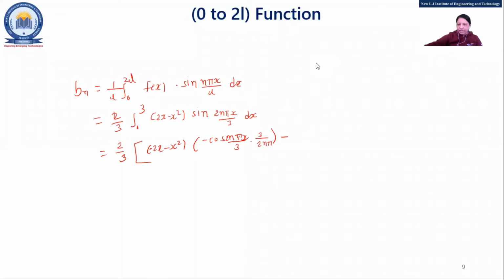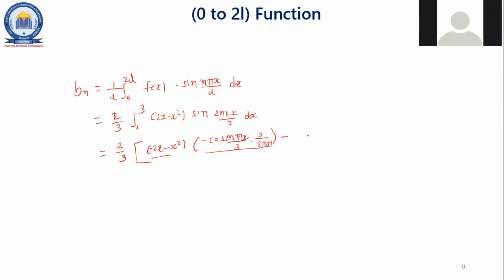Now second term. Second term would be, 32 number. 32 Ankit, unmute yourself quickly. 32. Yeah, the second term. This is my first term, right?